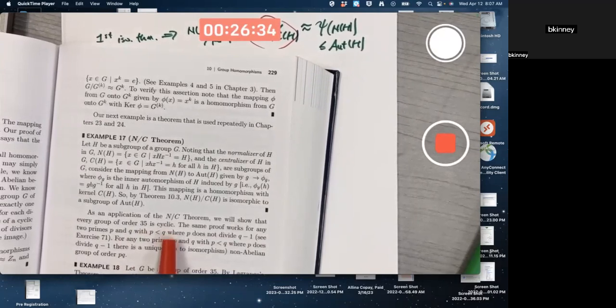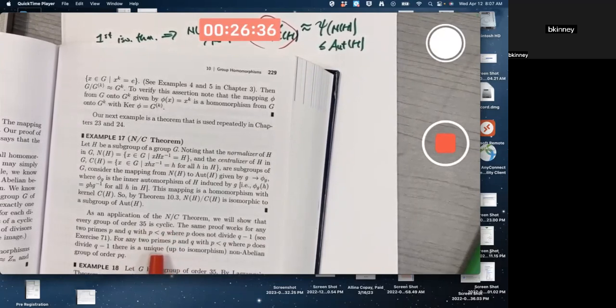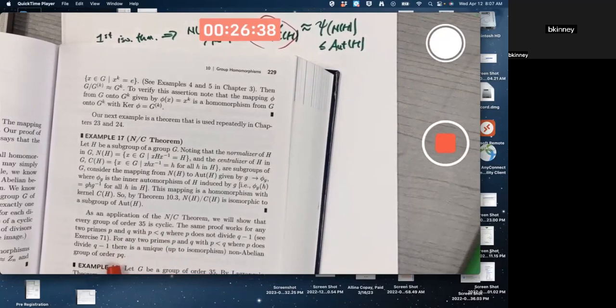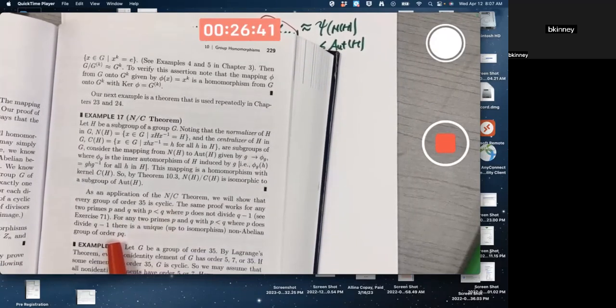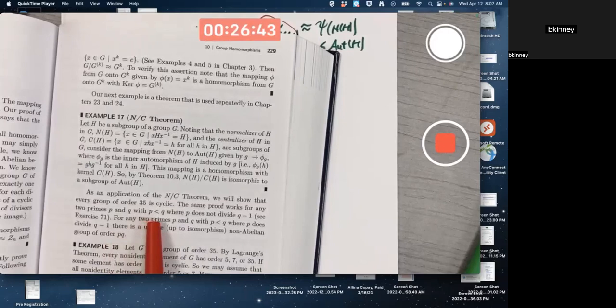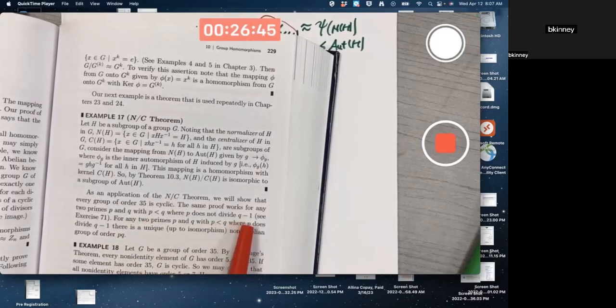Surprising. And in fact, the author says it generalizes to any group of order p times q, where p and q are primes, p is less than q, and p does not divide q minus 1. So, for example, if p was 5 and q is 13, groups of order 13 times 5, 65, right?